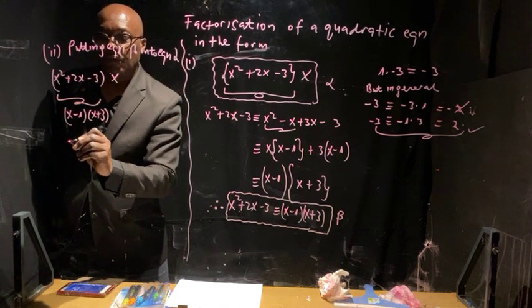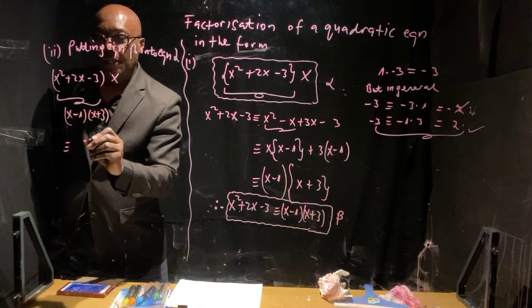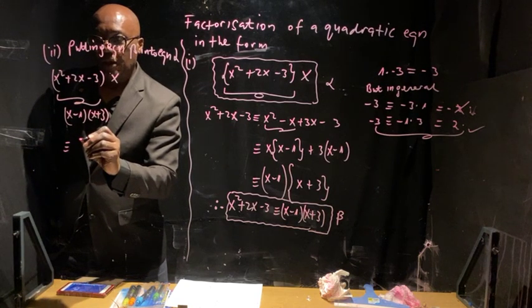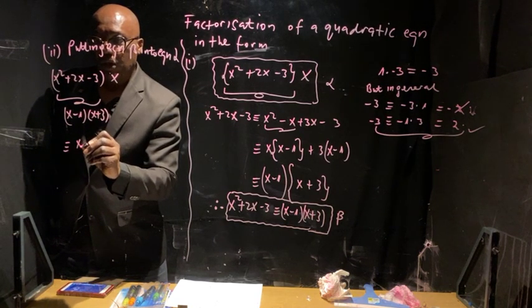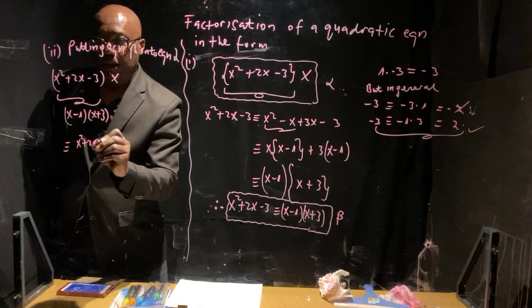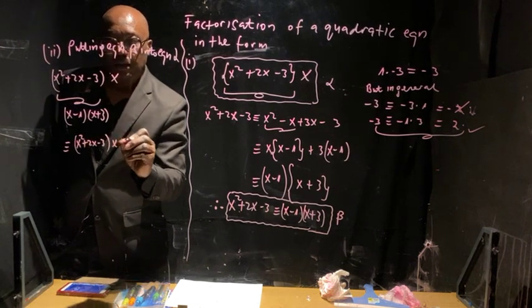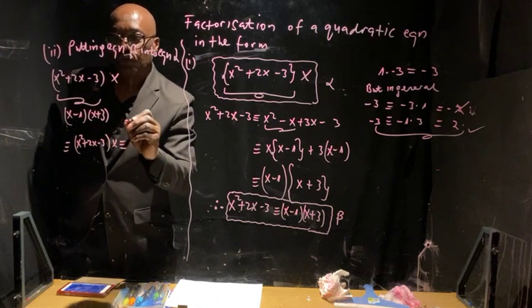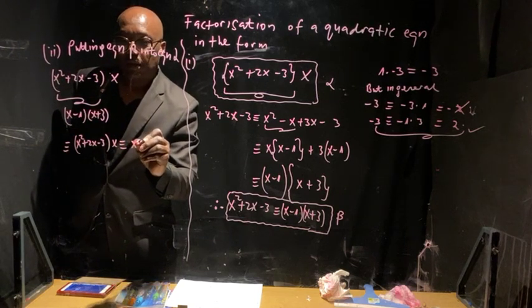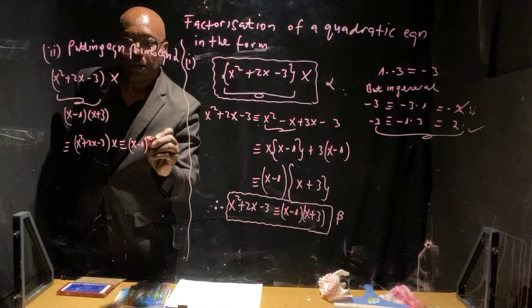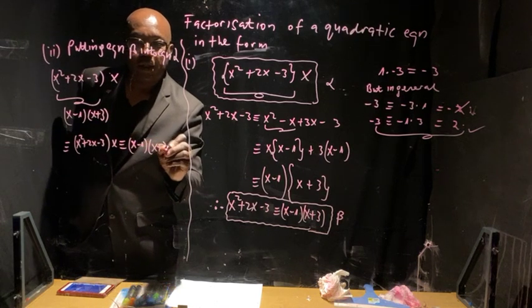Therefore, it becomes x squared plus 2x minus 3 times x is identical to x minus 1, x plus 3 times x.